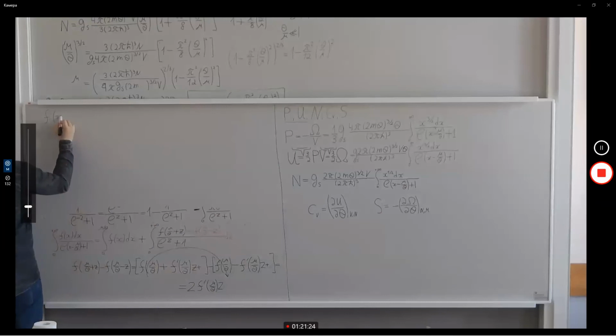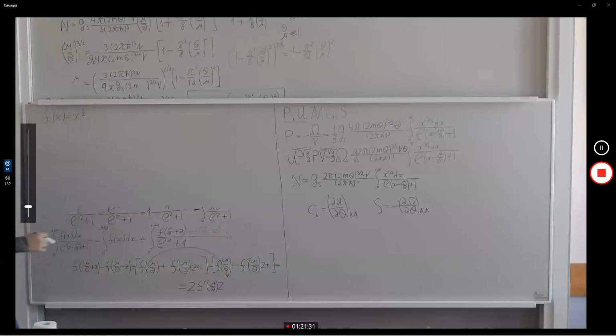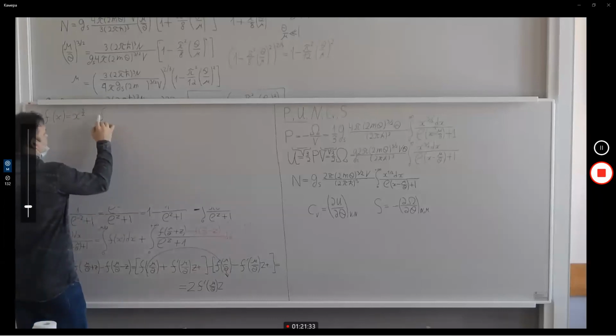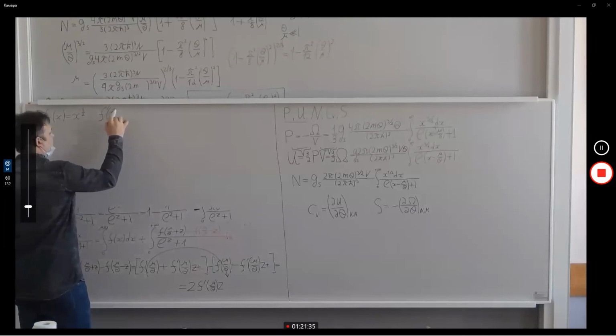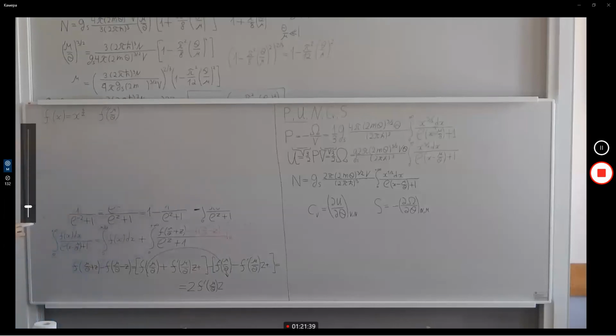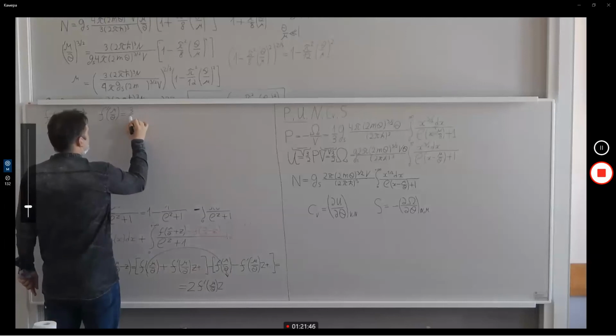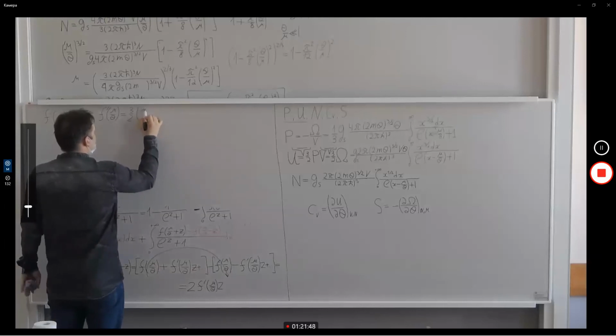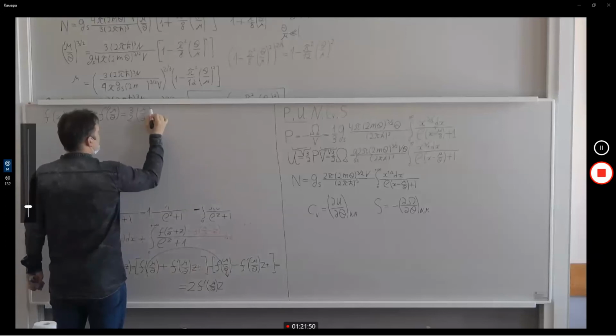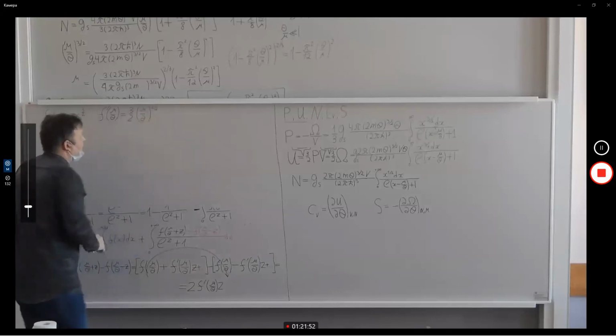corresponds to the choice of function f of x equals x to the power 3/2. In this case, f prime of mu divided by theta equals 3/2 times mu divided by theta to the power 1/2.